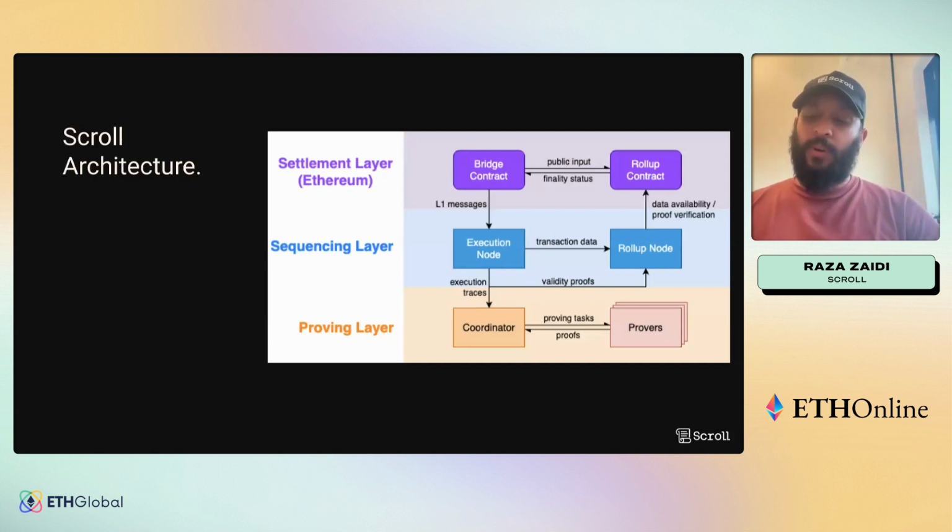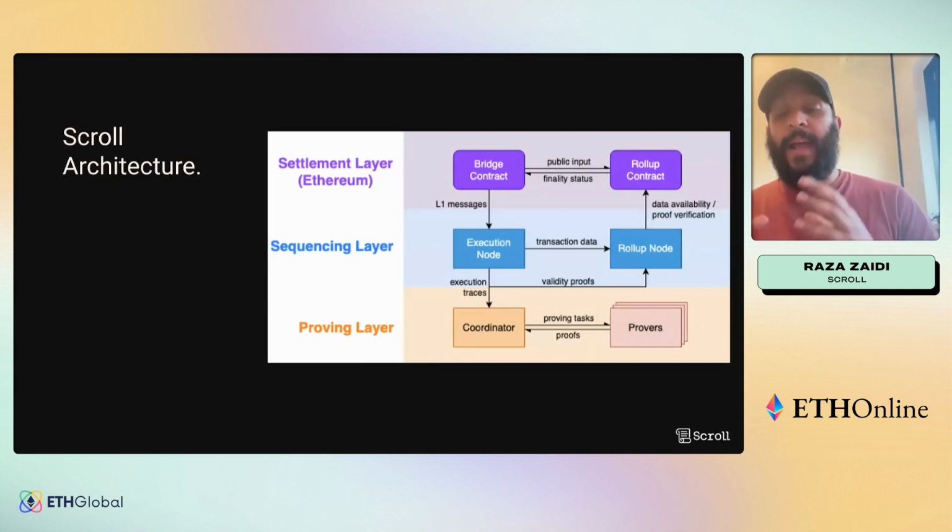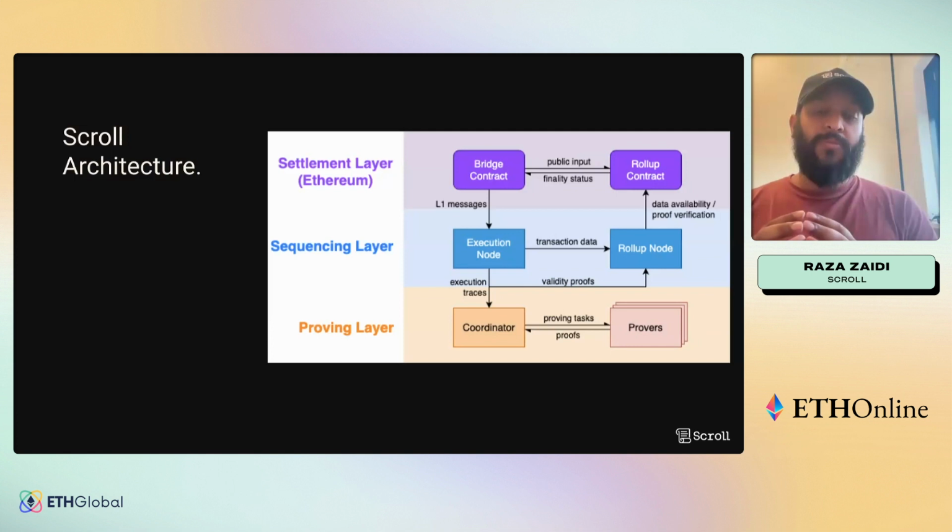This is done in a parallelized manner. The proving network generates an aggregated proof over all these proofs that are generated per chunk, sends it to the coordinator, and that's sent to the rollup node. And then the rollup node sends it to the rollup contract.